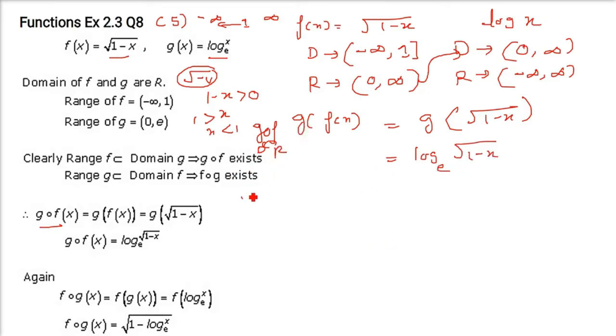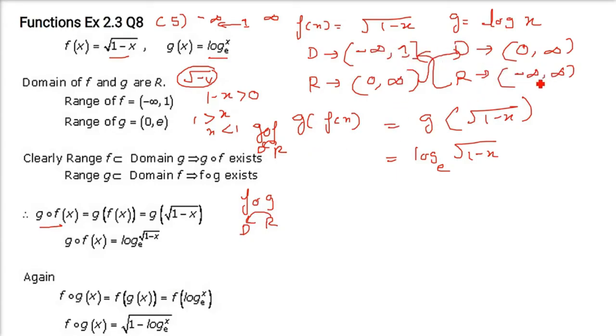Now f of g(x), fog: the range of g should be a subset of the domain of f. The range is negative infinity to infinity and the domain of f is negative infinity to 1. Is this a subset? No. Negative infinity to infinity is not a subset of negative infinity to 1.